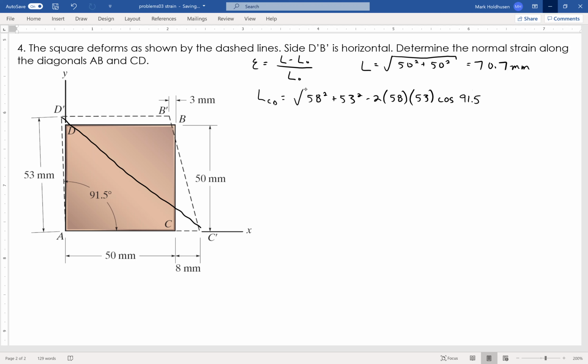Doing that calculation, I get 79.6 millimeters.